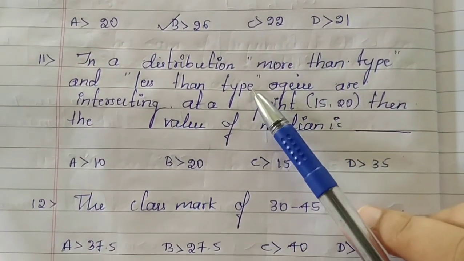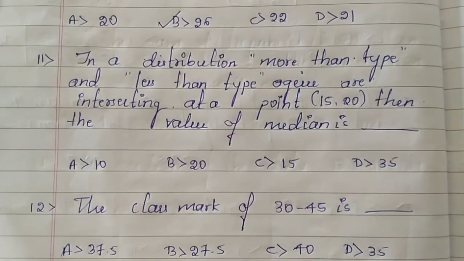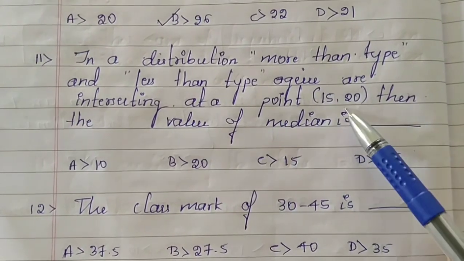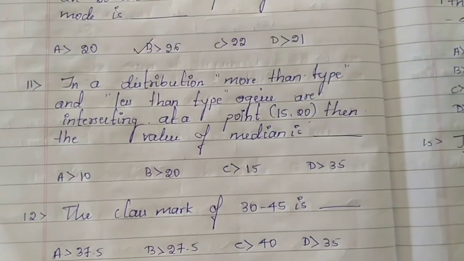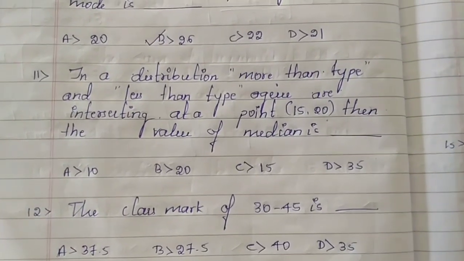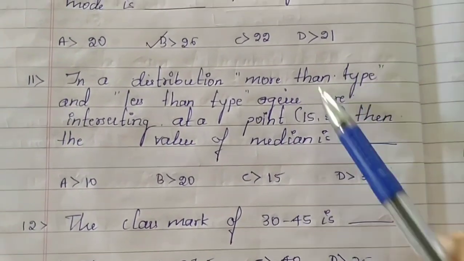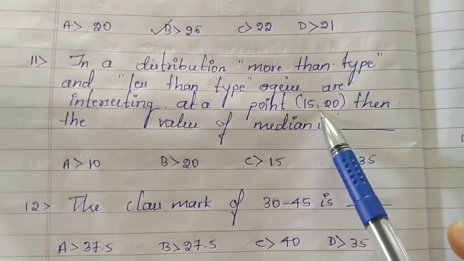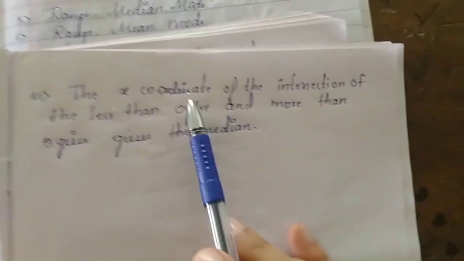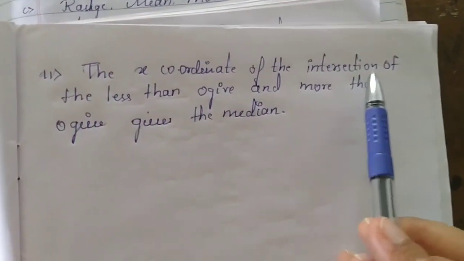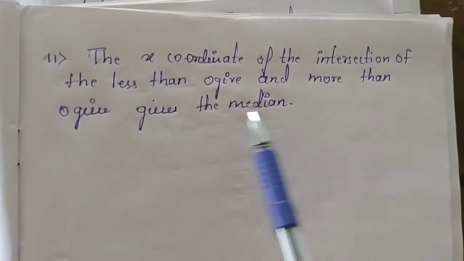In a distribution, more than type and less than type ogive are intersecting at a point 15, 20, then the value of median is. Okay, so here we should find the value of median by using these intersecting points, that is 15, 20. So we know that the x coordinate of the intersection of the less than ogive and more than ogive gives the median.